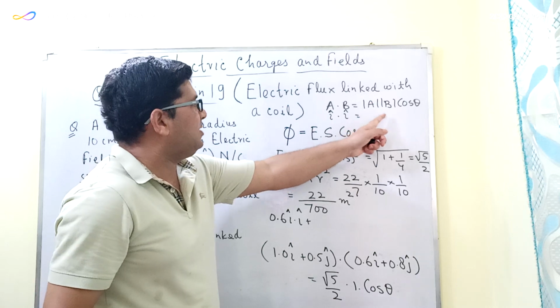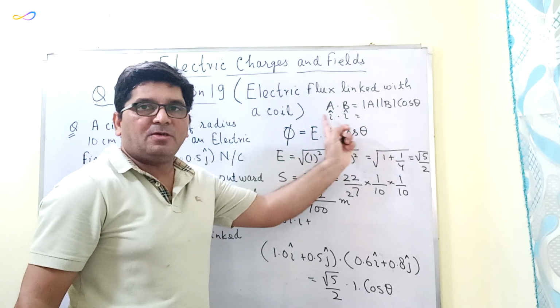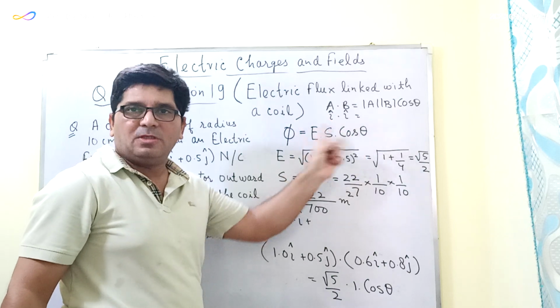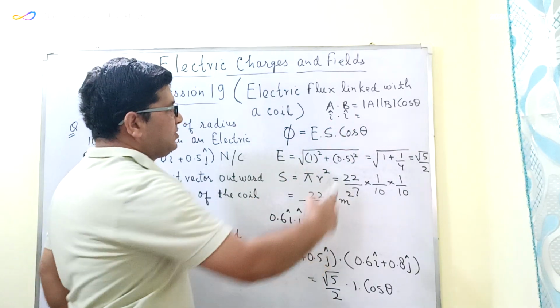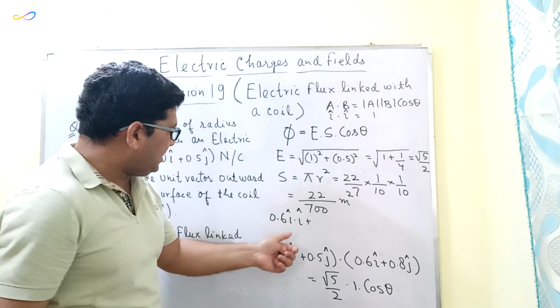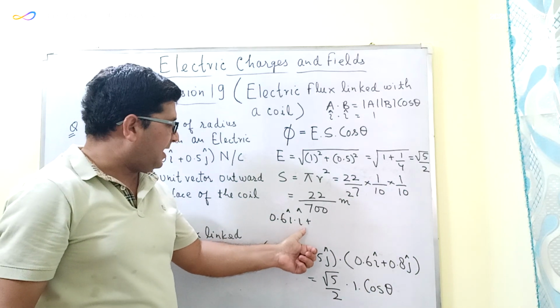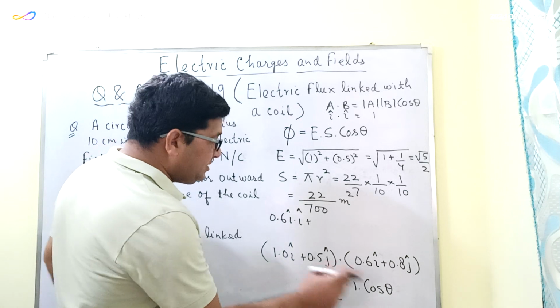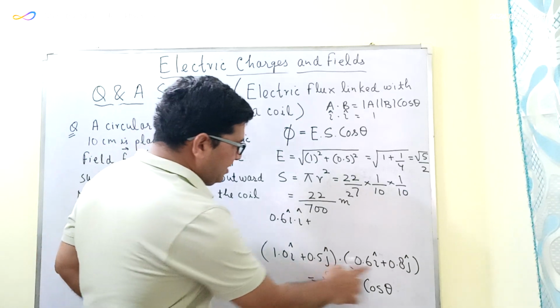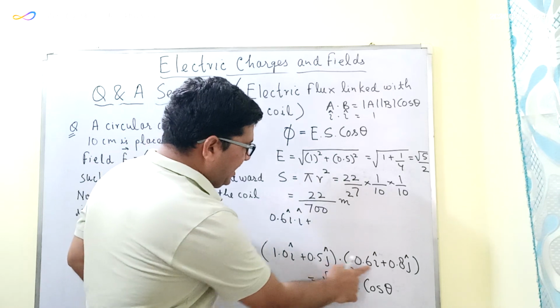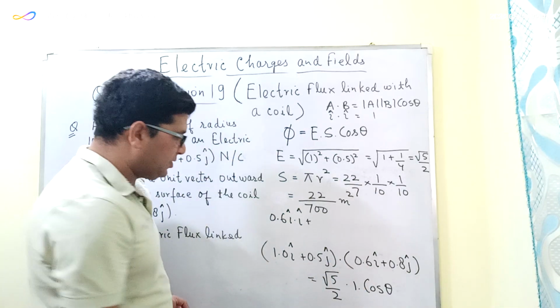So this will equal 1 into cos 0, because the angle between these two vectors is equal to 0, which will be equal to 1. So the dot product of i cap and i cap will be equal to 1. Similarly, the dot product of i cap and j cap will be equal to 0, and the dot product of j and i will also be equal to 0.